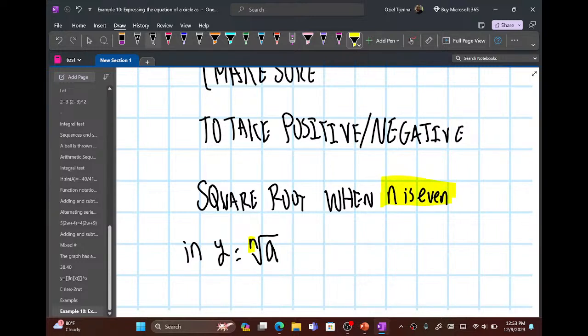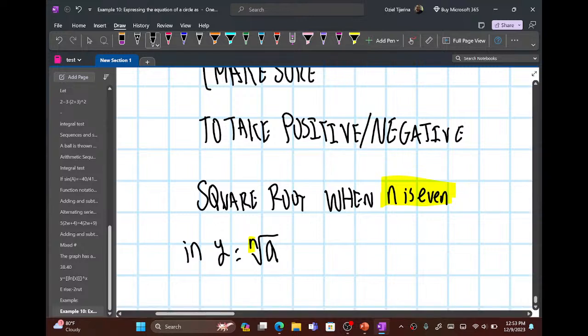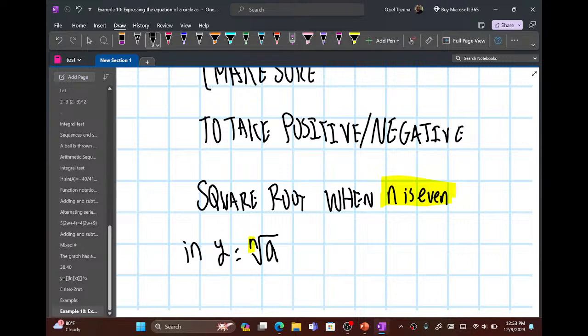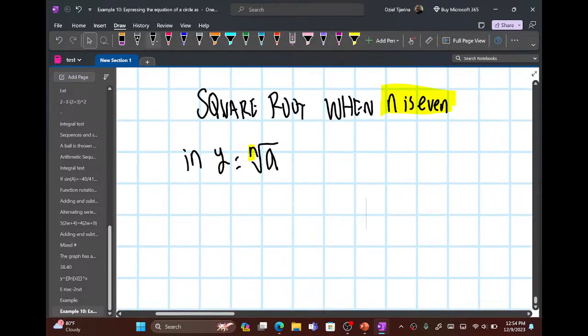Okay, guys. This is what I'm talking about. If n is even, you want to do the positive and negative root. Most likely, we're just going to be dealing with the exponent of 2, not the 4th. But if it's cubed or something, I don't think you have to do plus or minus. If n is odd, just do the positive nth root. These are just extra notes I'm making.